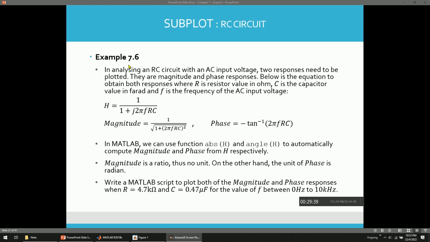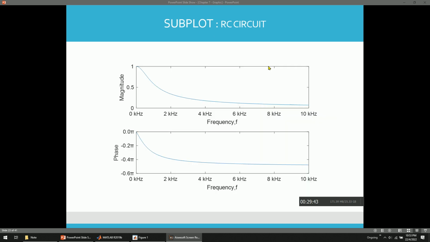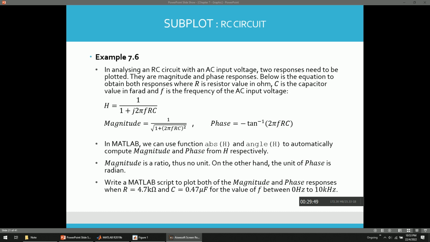Next we have another example of subplot. This one is a little bit complicated. In the analysis of an RC circuit with an AC input voltage, 2 responses need to be plotted. No need to worry about this, it is just an example.